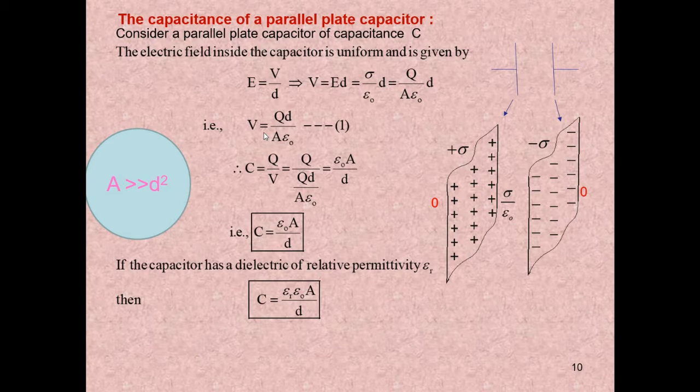Now for C is Q by V, we know the definition. Q as it is. For V, you put QD by A epsilon naught, Q will get cancelled, epsilon naught A by D. Therefore, the expression for the capacitance of a parallel plate capacitor C is equal to epsilon naught A by D.